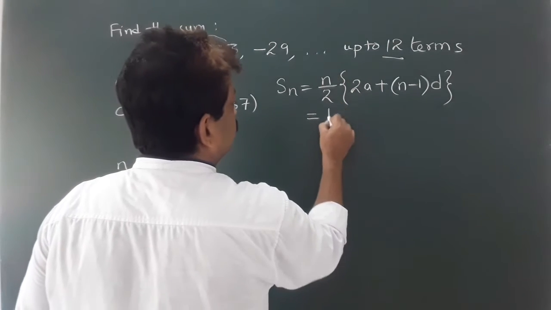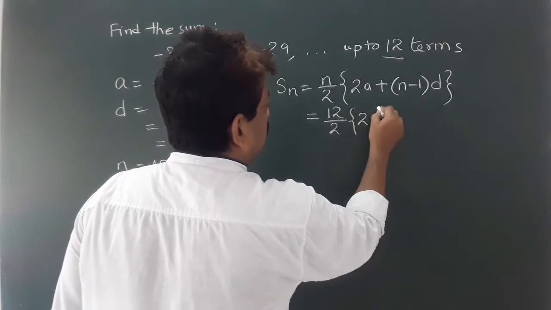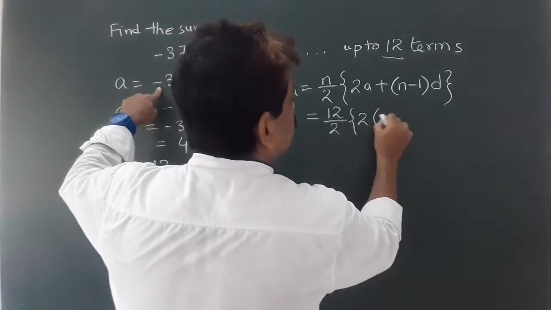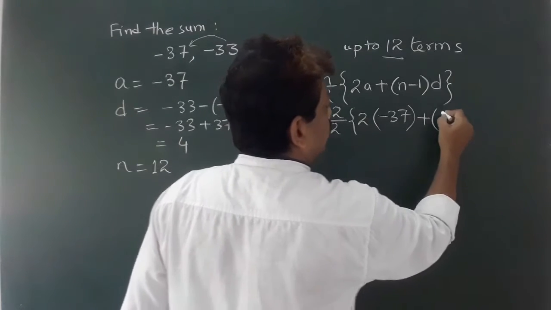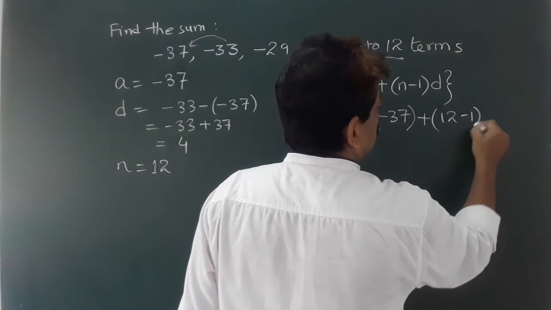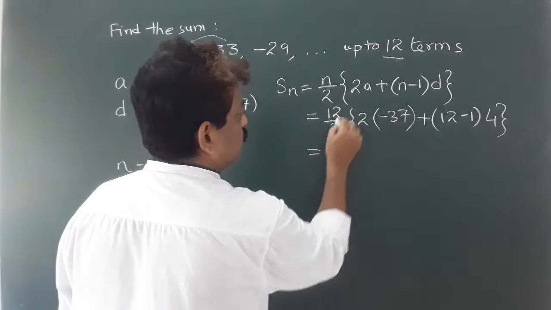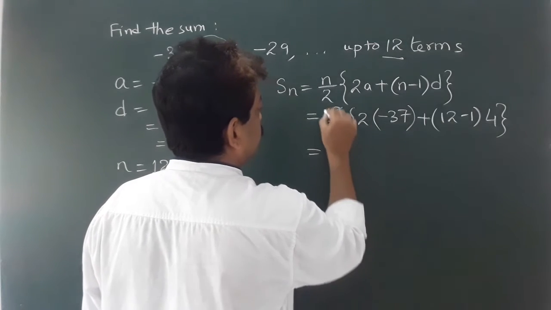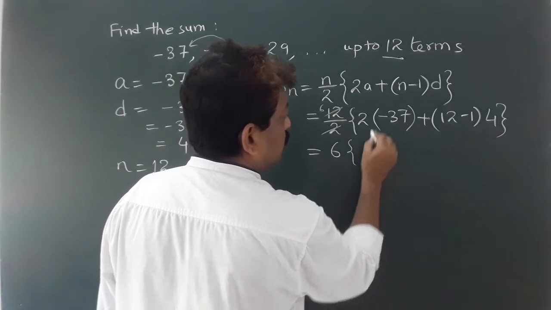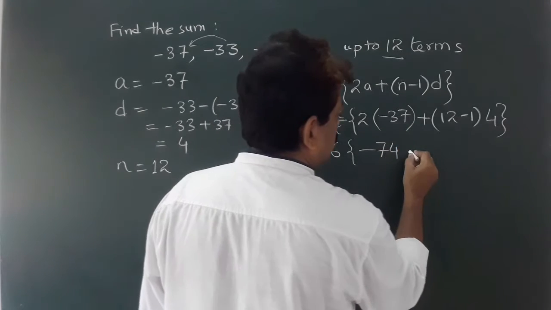So let us replace the values. n is 12, so 12 upon 2. a is minus 37, n is 12 and d is 4. So 12 by 2, this is 6. 2 multiplied by minus 37 is minus 74.